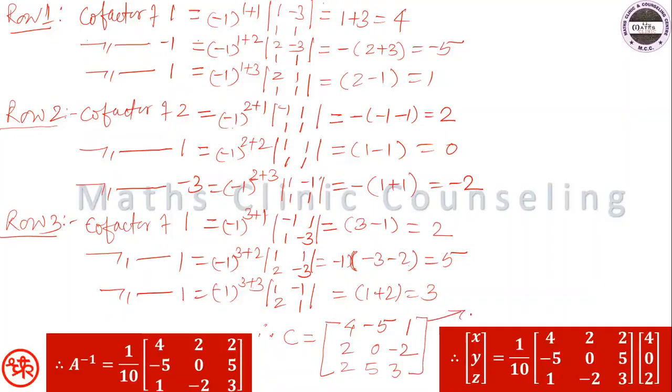It is a matrix of cofactors. So understand, C से हम क्या निकालेंगे अब, C ट्रांसपोज, that will be adjoint.